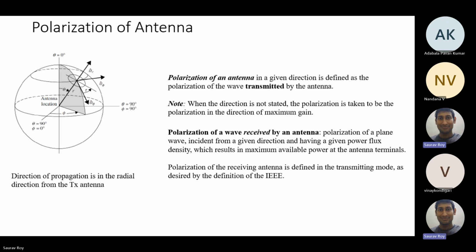Directivity, gain, even polarization, all these things we generally refer to the direction of maximum gain of the antenna. That's why you need to know the radiation pattern of the antenna and find out the direction of maximum gain. From that you can find all these different terminologies.